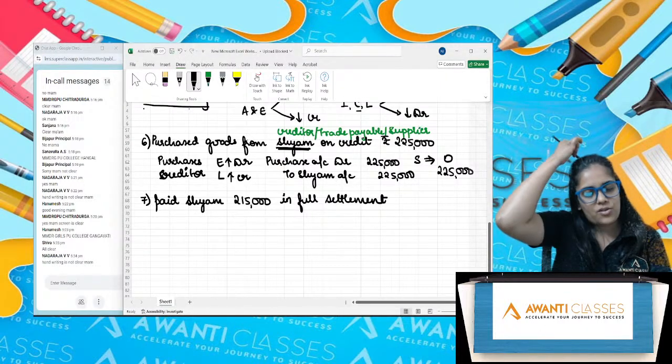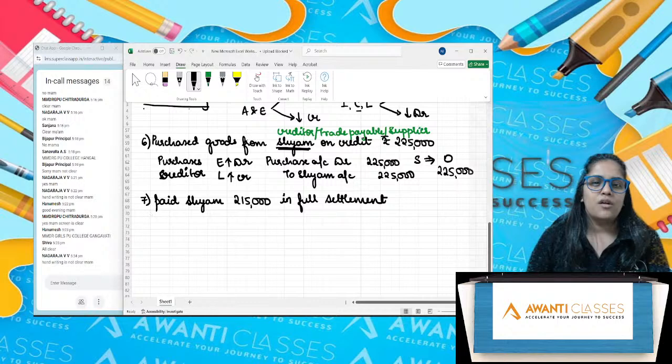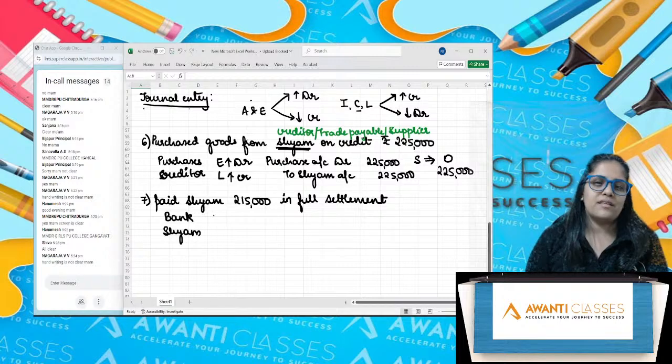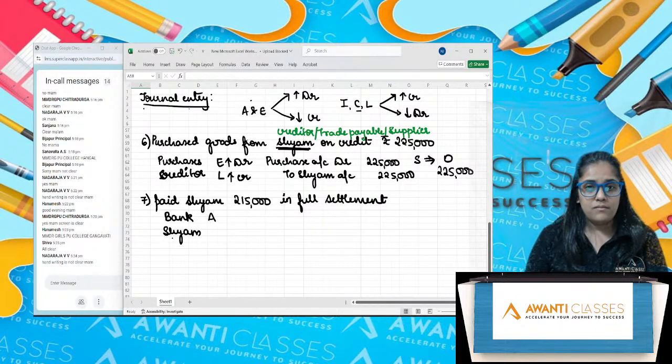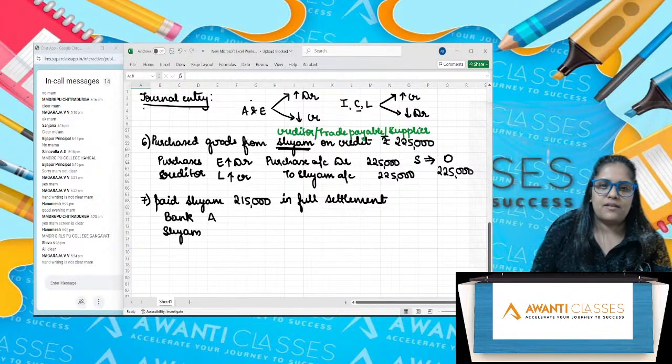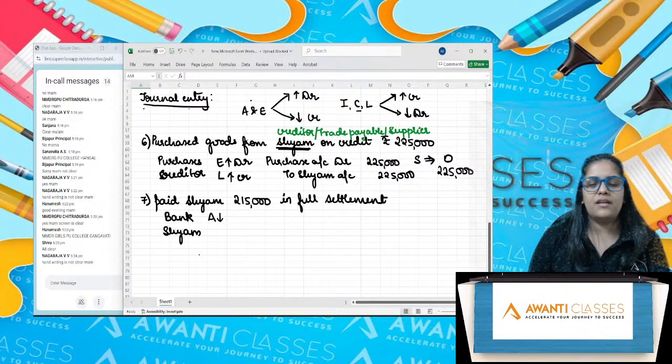We are paying Shyam. So can I say money will go out? So one bank is involved. And second, whom are we paying this money to? Shyam. So the second effect will be Shyam. The bank is an asset. If you are paying money, bank balance will decrease, so the asset will decrease.